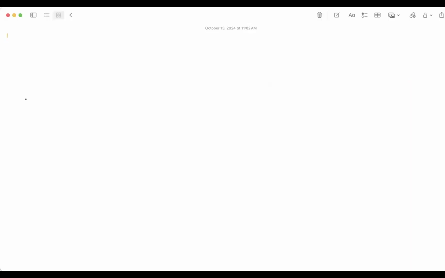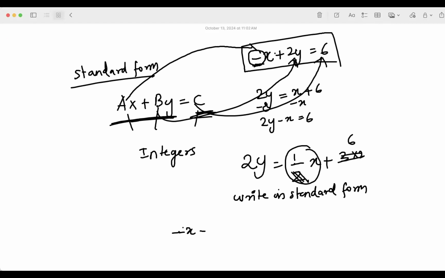Srinita brought up a point where the teacher wants the equation to start with positive. If you want the equation to start with positive, multiply entirely by -1, which means all the terms negate. Minus x becomes x, plus y becomes minus y.